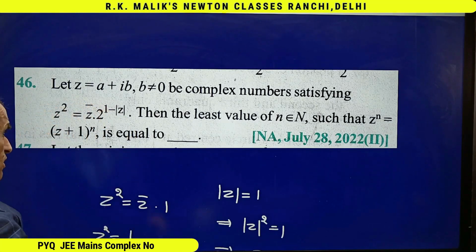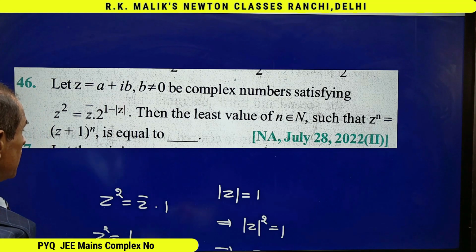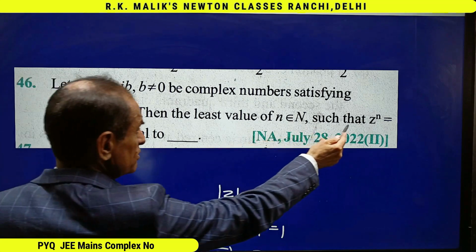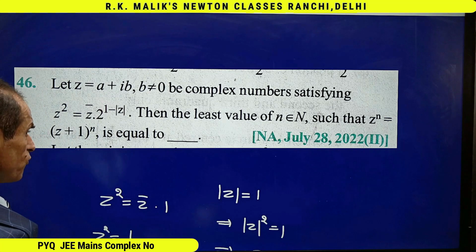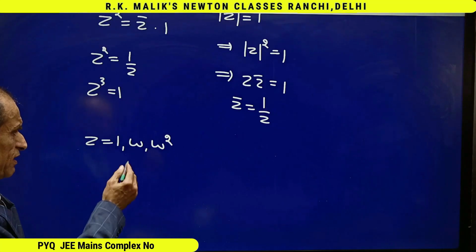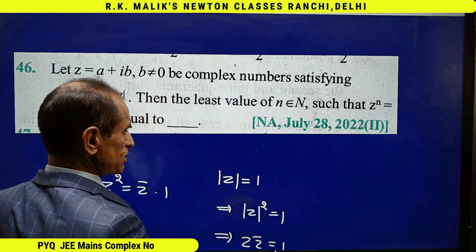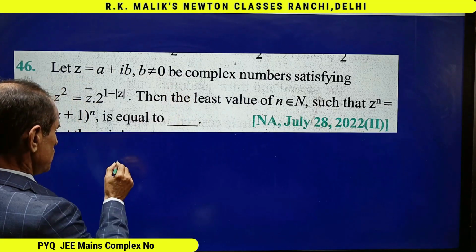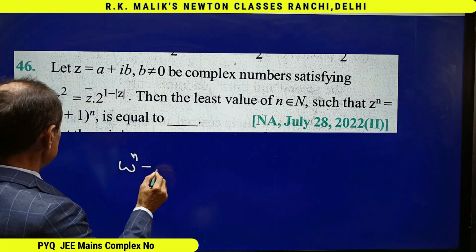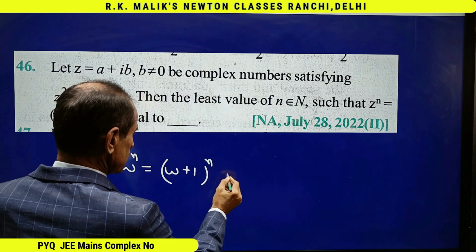And now if I take z equal to 1, then this cannot be equal to this for any natural value of n. But if I take z equal to omega, then this equation will mean omega to the power n equal to omega plus 1 to the power n.